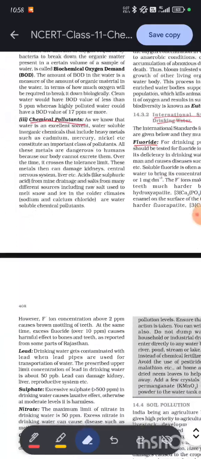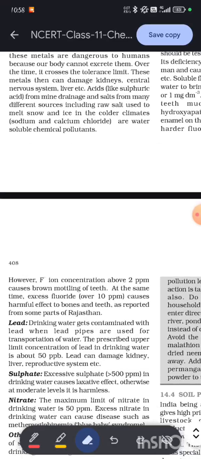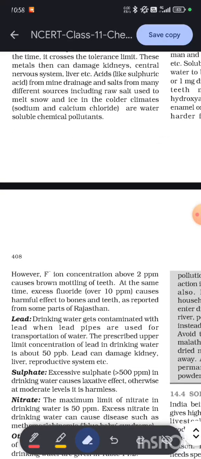However, F- ion concentration above 2 ppm causes brown mottling of teeth. At the same time, excess fluoride causes harmful effects to bones and teeth, as reported from some parts of Rajasthan.